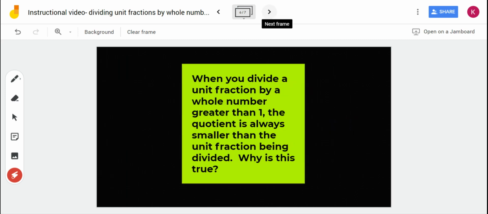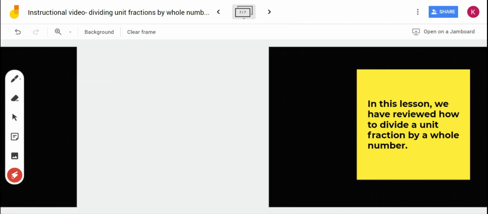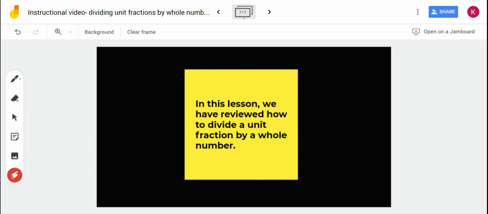So back to that question, when you divide a unit fraction by a whole number greater than 1, the quotient is always smaller than the unit fraction being divided. Why is that true? Because you're taking something, a fraction, and you're splitting that fraction into even smaller parts. So in this lesson, we have reviewed how to divide a unit fraction by a whole number.